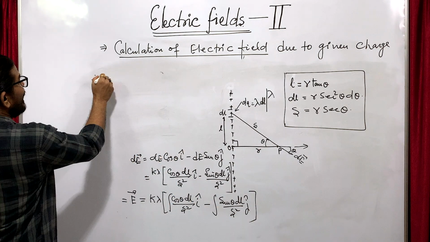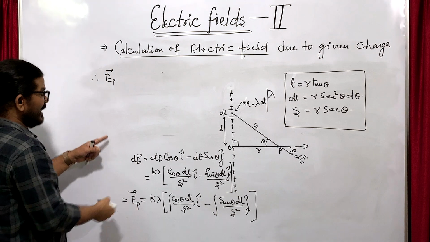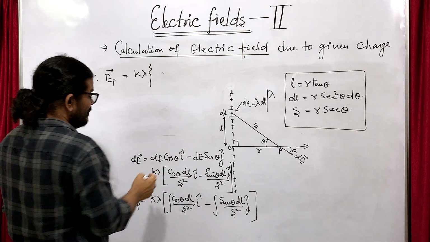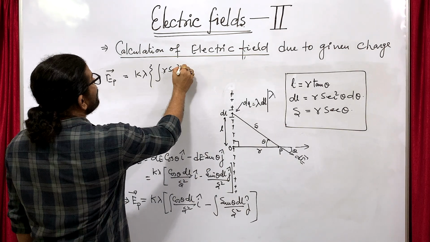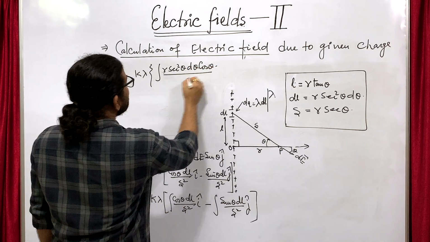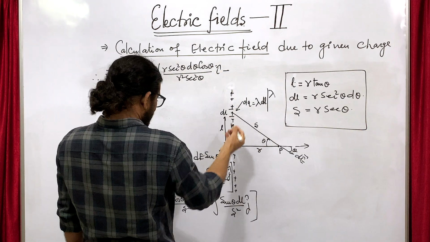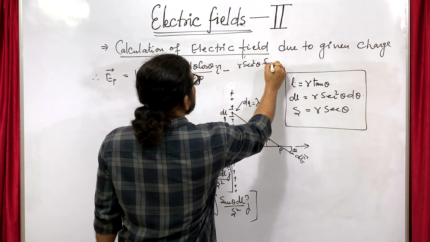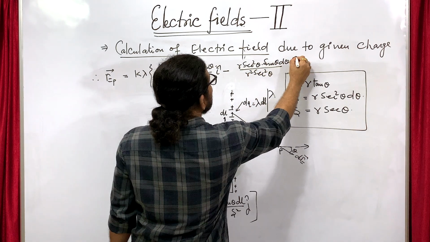So the electric field at point P will be equal to k into lambda into the integral of, dl equal to R into sec square theta into d theta, into cosine of angle theta divided by R square into sec square theta, i cap, minus again R into sec square theta into sine theta d theta divided by R square sec square theta, j cap, closed.